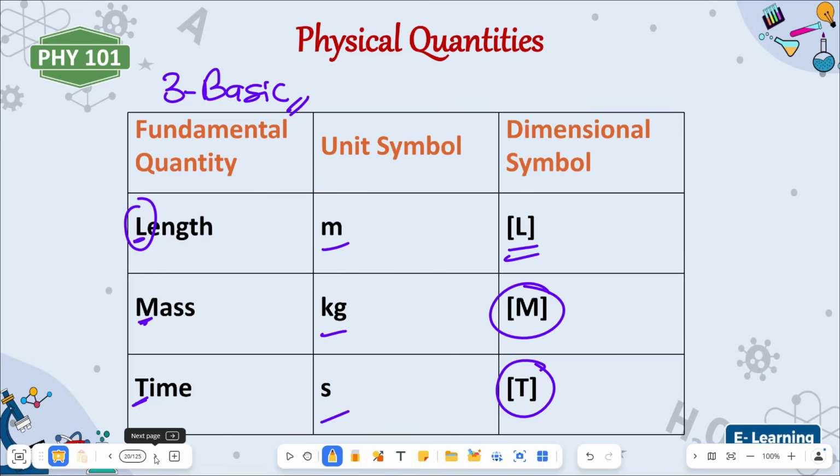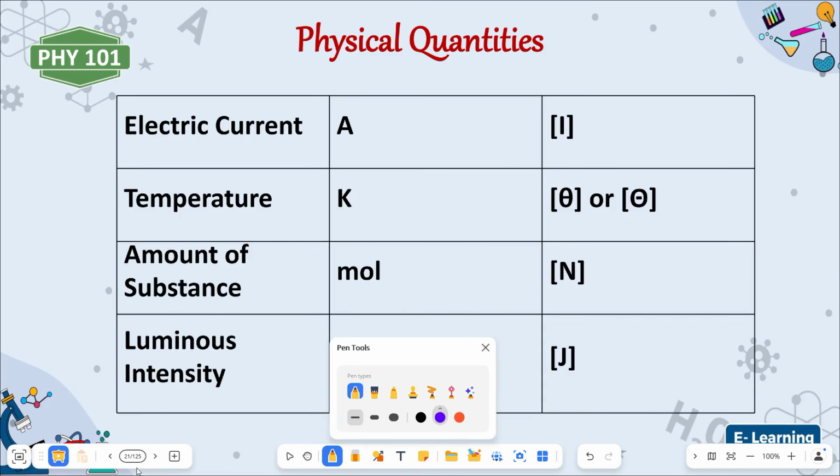This is something we'll be looking at. Then we have the four other basic fundamental quantity where we have current, luminous intensity in candela, temperature in Kelvin, and amount of substance in mole. All these are fundamental quantities, all right? They are quantities that do not depend on any other quantity for their formation. So the next one, of course, we have electric current, ampere.